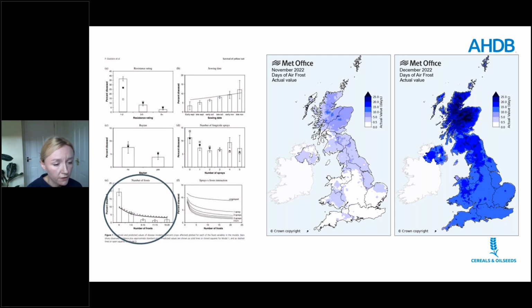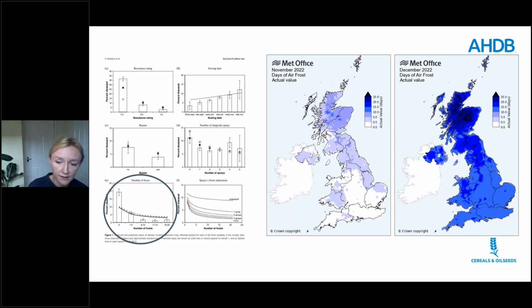Anything from 5 days of air frosts below -5 will knock back the yellow rust on the outer leaf surfaces, and will also knock back the mycelium living in the leaf tissue itself. So a very basic rule of thumb is that if you've had 5 days of air frost at -5 degrees, that will contribute to lowering the risk in terms of the amount of yellow rust present. It doesn't eliminate it completely, but it does reduce the risk.